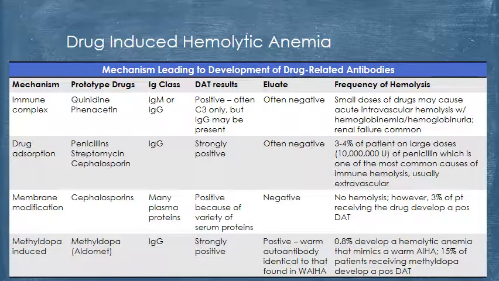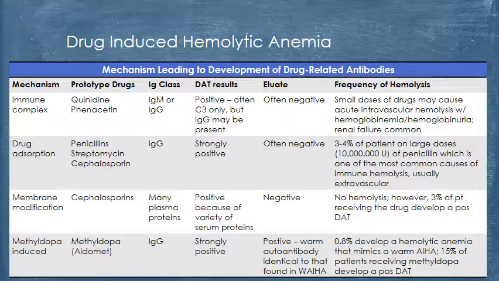And then finally, we have a particular case of methyldopa-induced hemolytic anemia, where the patient develops an IgG against the methyldopa or the albumin, and you can end up with a very strongly positive DAT result, and it'll have characteristics of a warm autoantibody. Okay, it doesn't usually lead to hemolytic anemia.